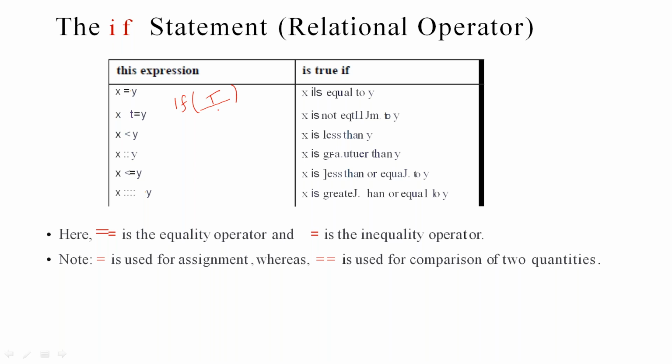If this condition is true, then only we are going to come to these statements and execute them, right? So what type of expressions can we expect inside these braces?